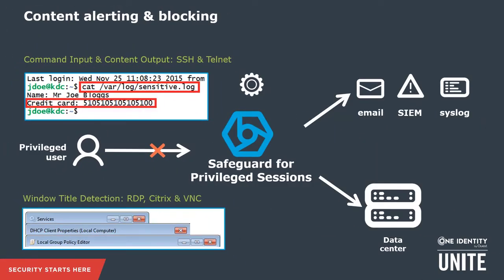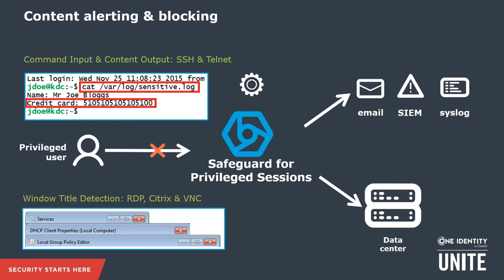The next major topic will be the real-time preventive capabilities of Safeguard. SPS is able to block and alert you on the command level in text-based protocols or on the application level in graphical protocols. It does that by scanning the commands or screen content in SSH or Telnet, or by performing a real-time OCR on the window titles in graphical protocols like RDP, ICA, or VNC.